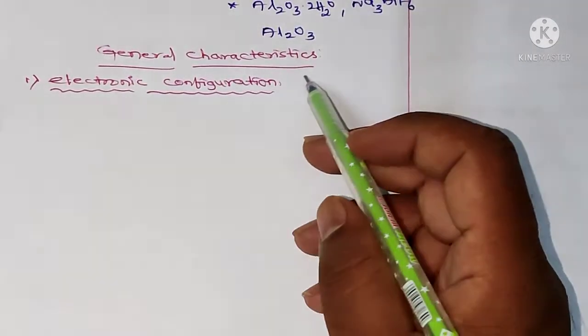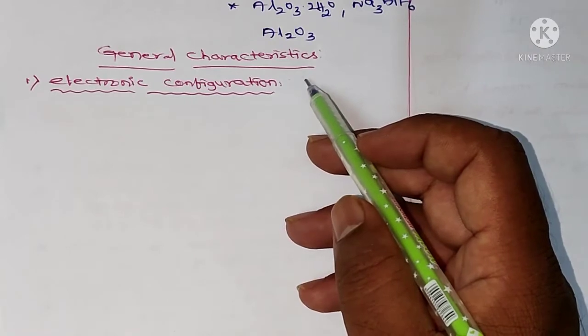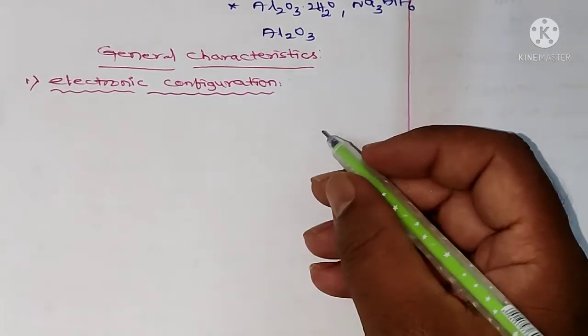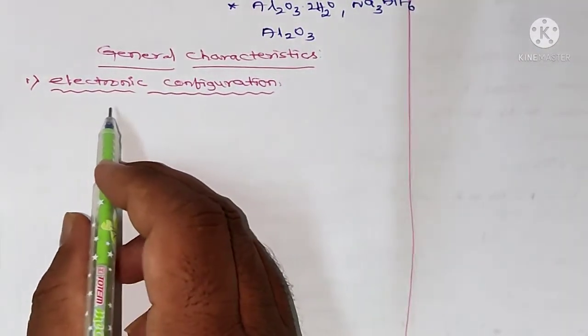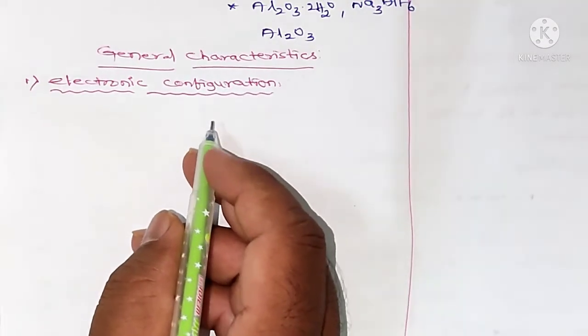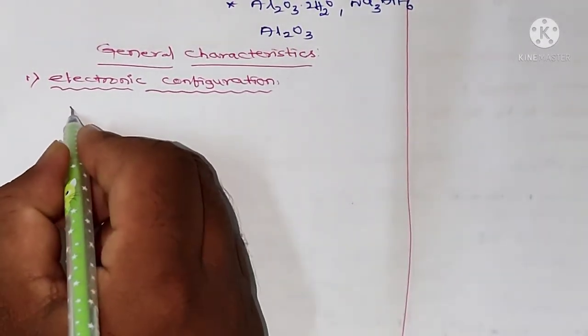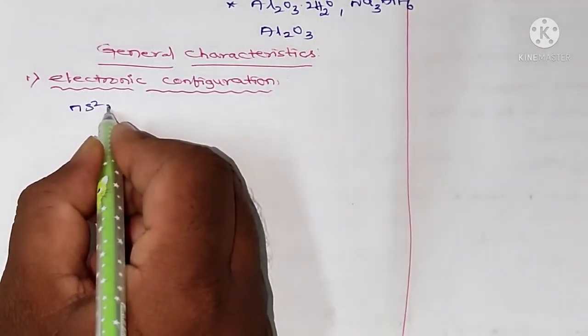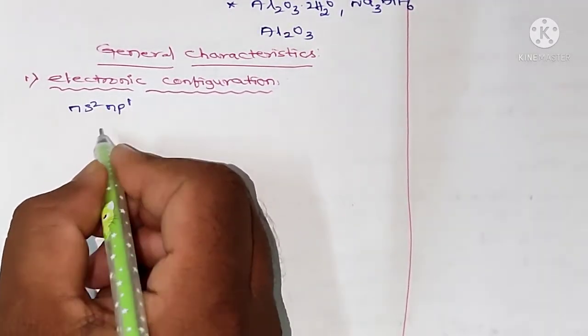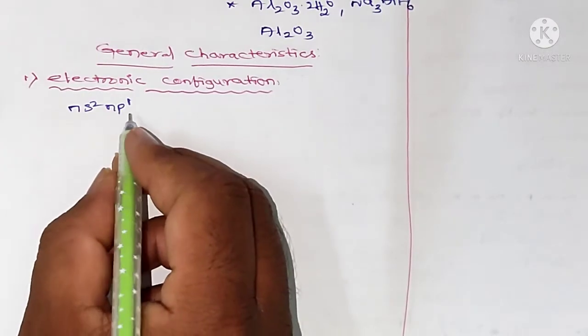Next, general characteristics of 13th group elements, or third A group elements. The first one, electronic configuration. The 13th group general electronic configuration is ns2 np1.